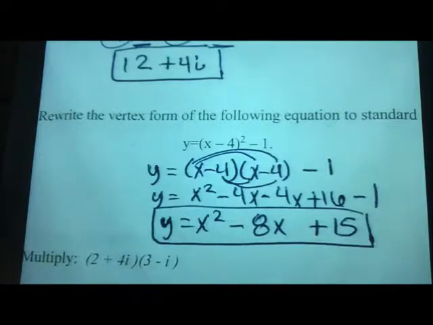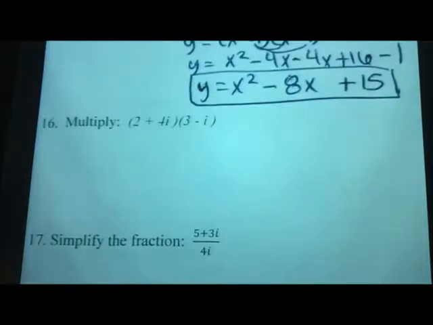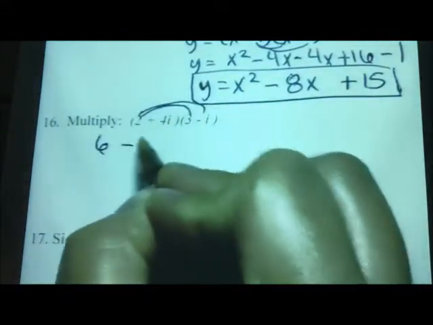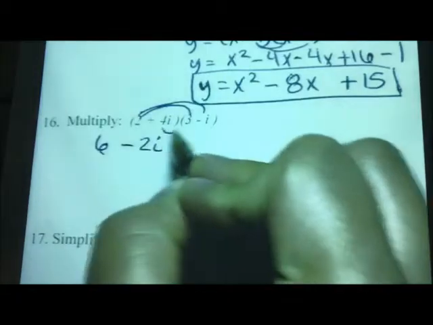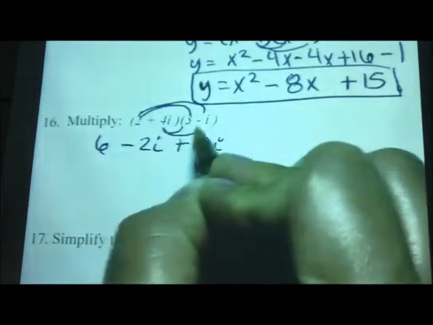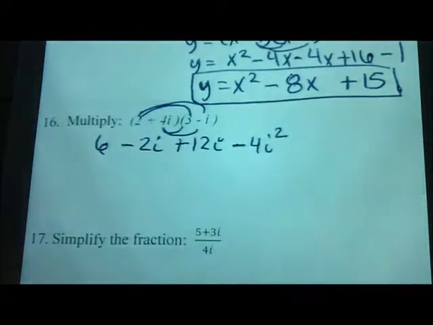Next problem. We do FOIL using the imaginary numbers. So we have 2 times 3, 6, 2 times negative i, negative 2i, 4i times 3, 12i, 4i times negative i, negative 4i squared.